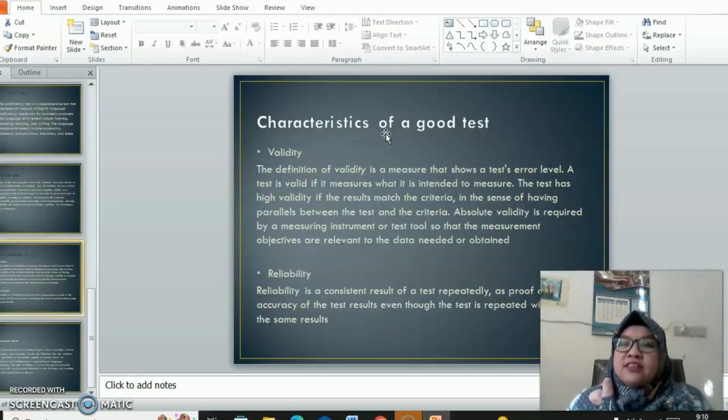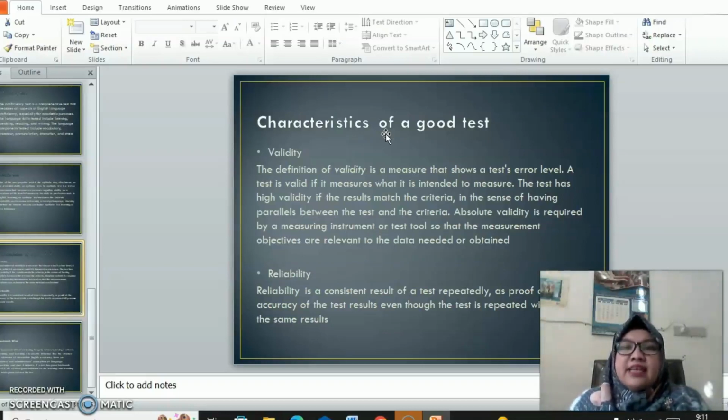So what are the characteristics of a good test? First, a good test is considered as an appropriate test tool is validity. What is validity? Validity is a measure that shows a test error level. A test is valid if it measures what it is intended to measure.